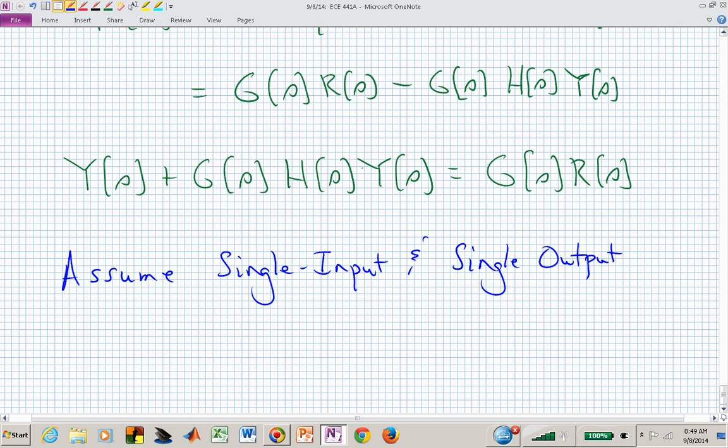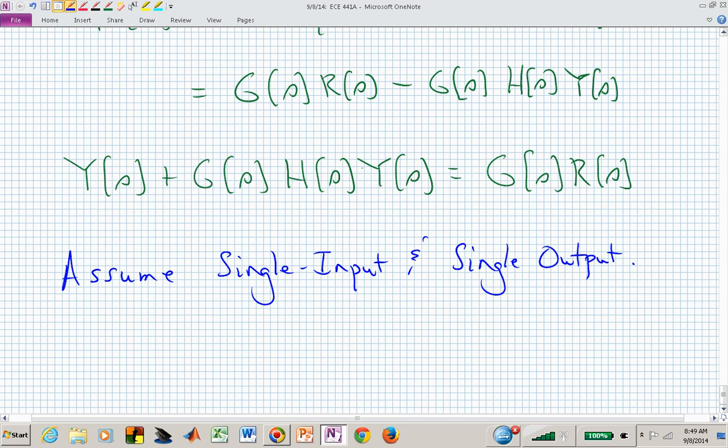Let's assume that we have a single input, single output system. What does that mean? R of S is now a 1 by 1. It's a scalar. Y of S is a scalar. That means G and H are just scalar transfer functions.